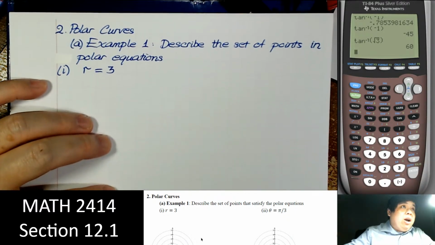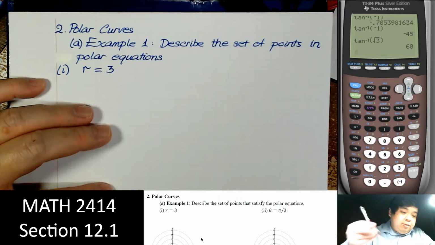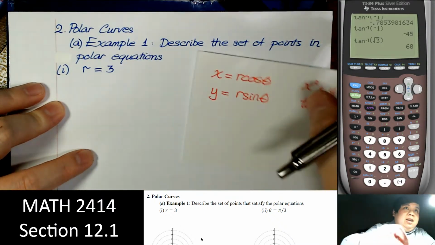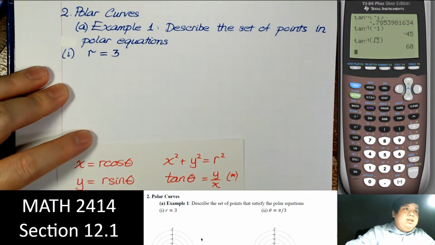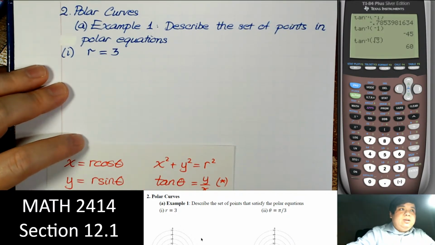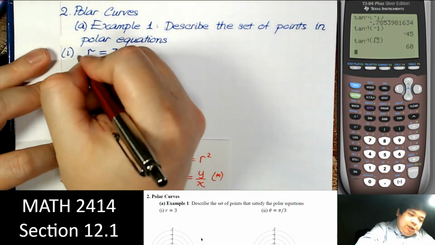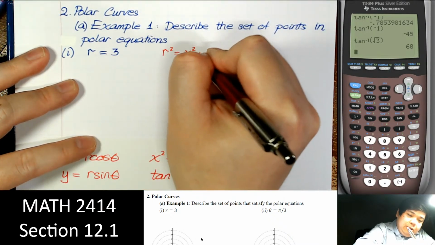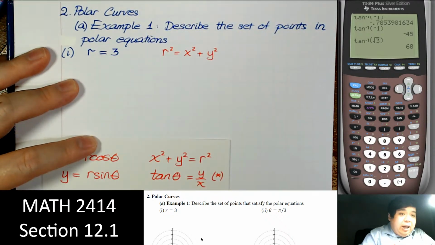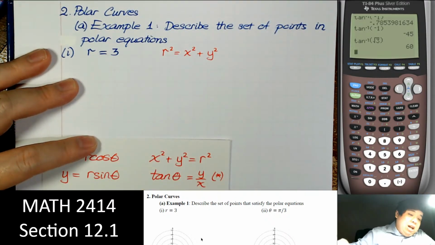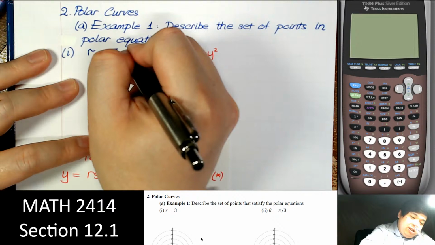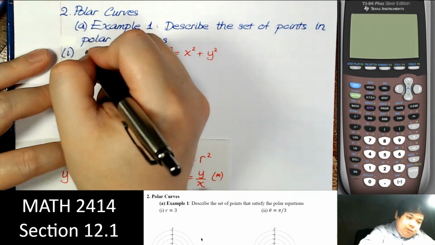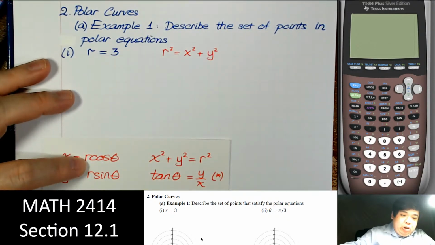However, if we want this to be in x and y coordinates, remember, you can use that formula. It is r squared though. So in that case, why don't we square both sides?